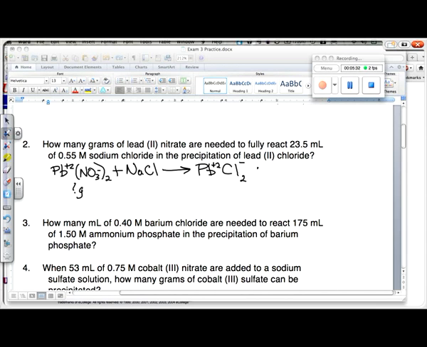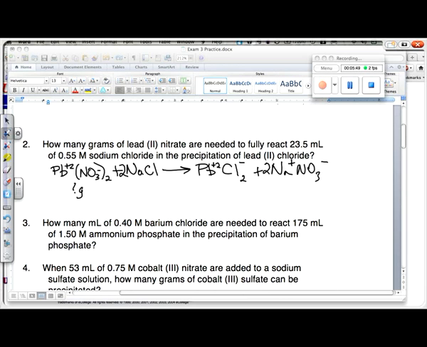My other product is the sodium with the nitrate. Back to charges, +1, -1. Okay, I will balance, put a 2 here and a 2 here, and that should take care of the balancing.